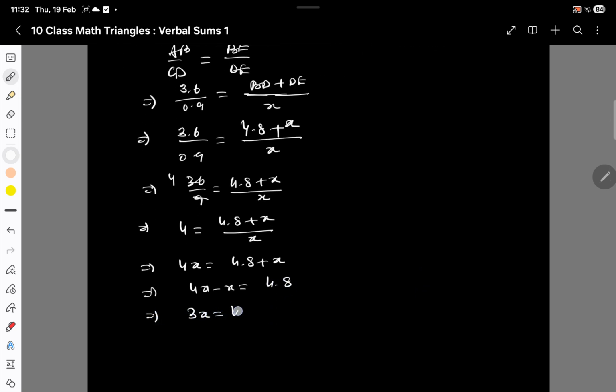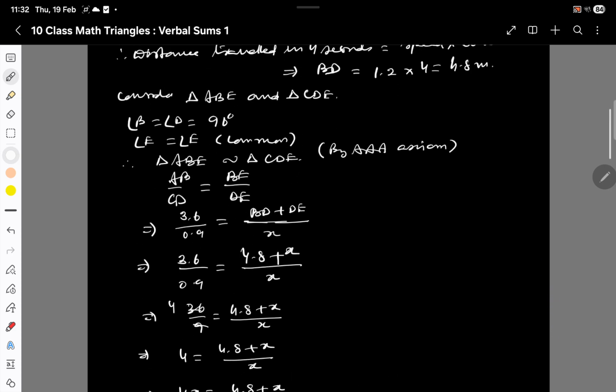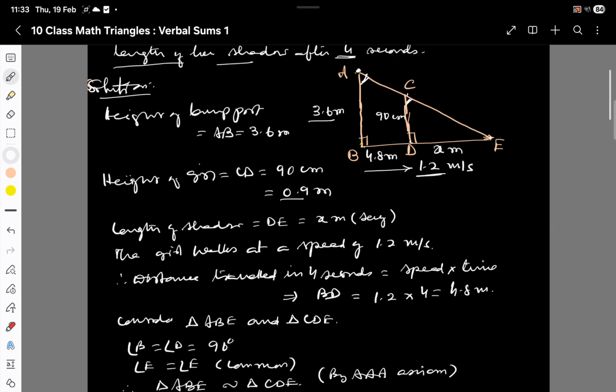This implies 3x is equal to 4.8, so x is equal to 4.8 by 3, that is 1.6. Therefore, the length of the shadow of the girl is equal to 1.6 meters.